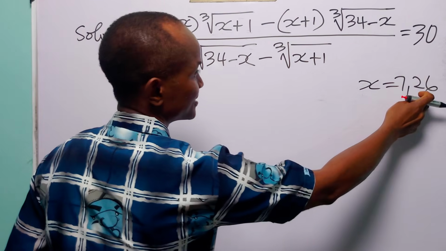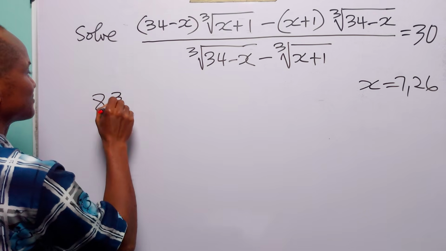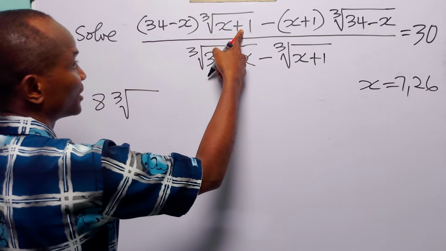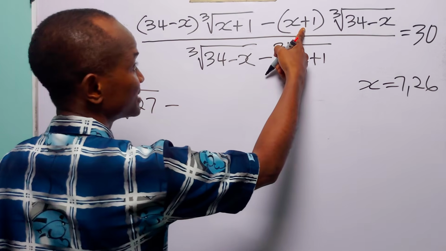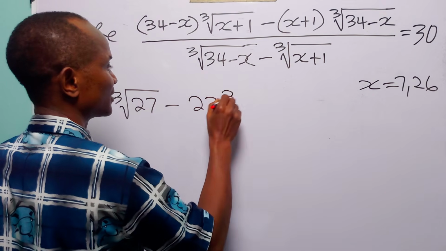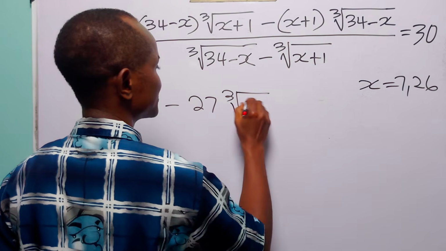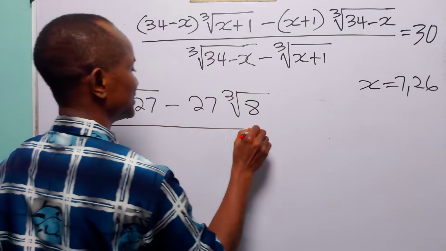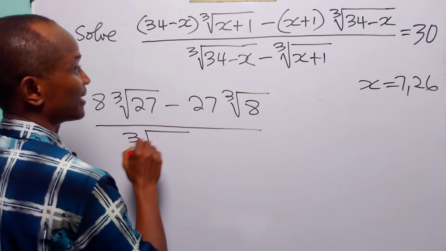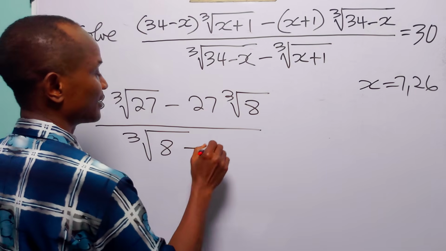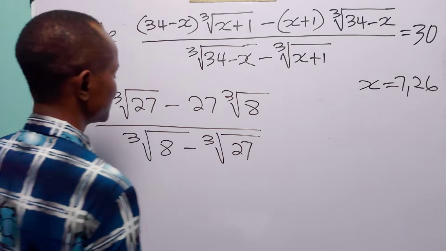And when x is 26, we have 34 minus 26, that is 8, times the cube root of 26 plus 1, that is 27, minus 26 plus 1, that is 27, times the cube root of 34 minus 26, which is 8, divided by the cube root of 34 minus 26, which is 8, minus the cube root of 26 plus 1, which is 27.